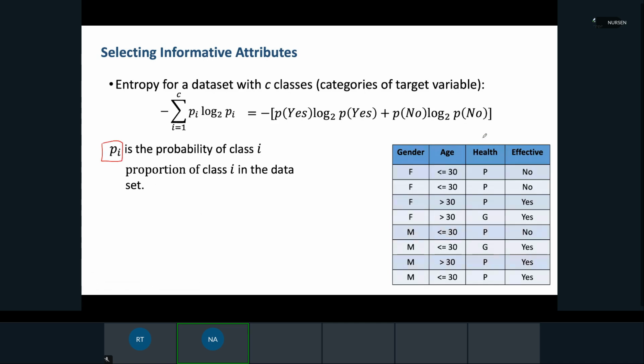So we will always focus on the target variable. Here, how many no cases we have? 1, 2, 3, and 5 yes cases. So probability yes is how many yes cases we have over all examples. Probability no is how many no cases we have over all examples. Okay, so C is the class.